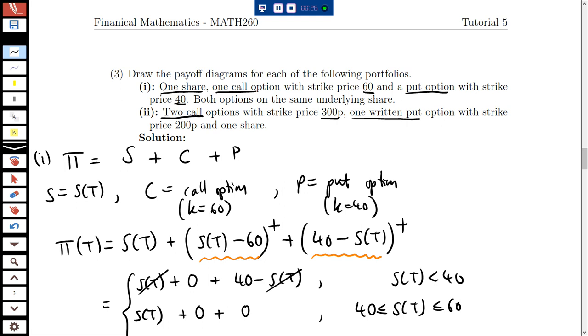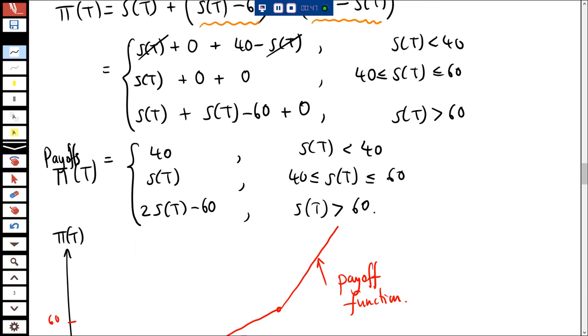Written here means that if you write the put option, you're selling it, with a strike of £2, and we have one share. So with that in mind, let's build our portfolio.